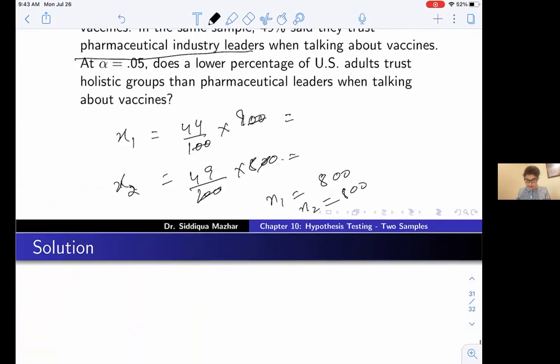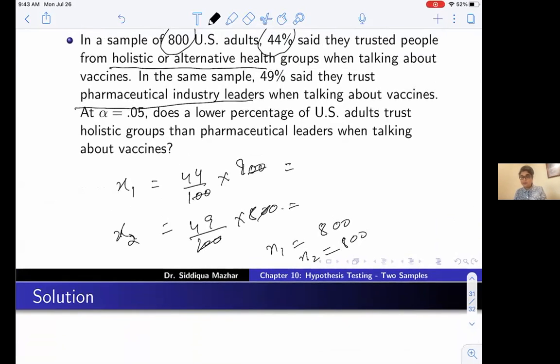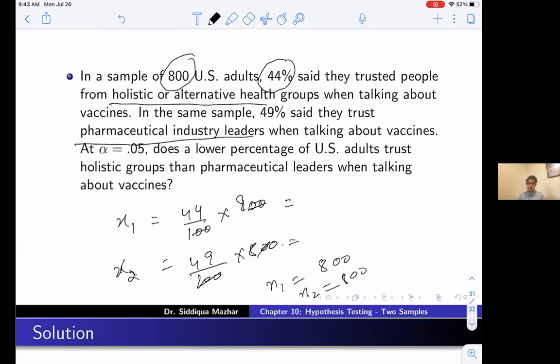And after that, you have to find the P value. So, alpha is 0.05. Does a lower percentage of US adults trust holistic groups than pharmaceutical leaders? So the first group we are going to associate with those who trust holistic groups and the other group with those who trust the pharmaceutical industry.